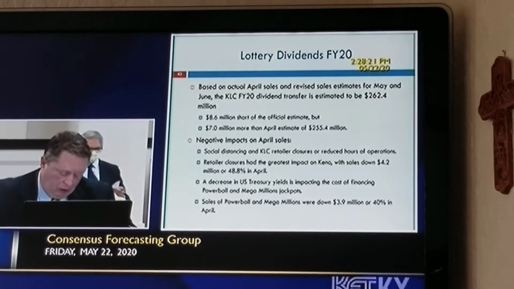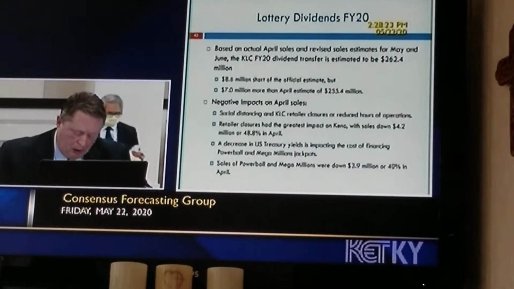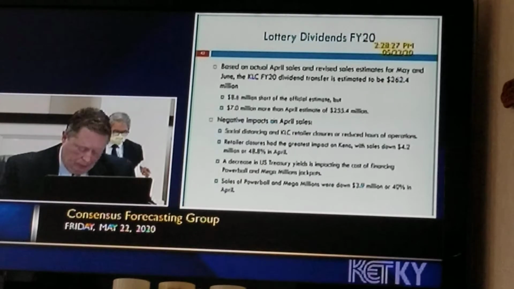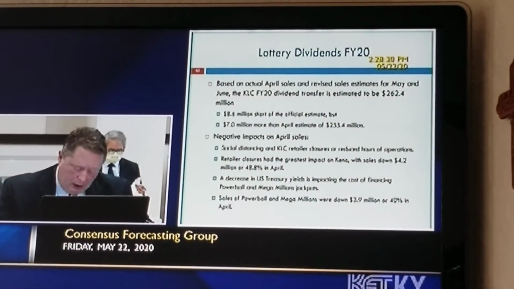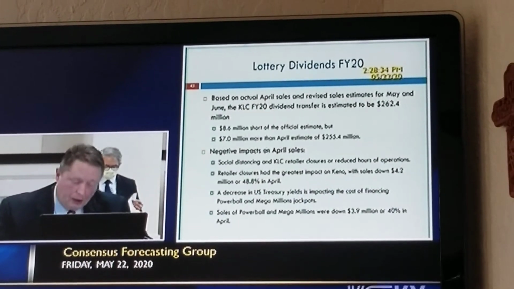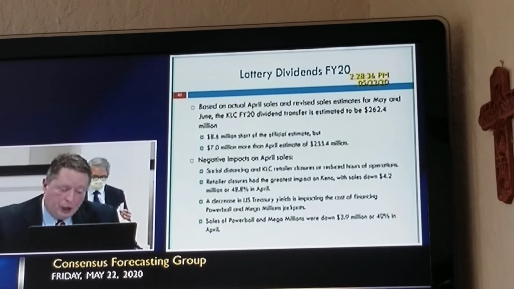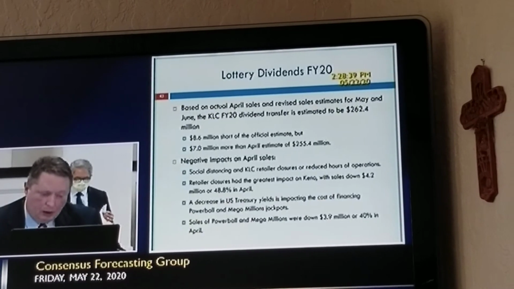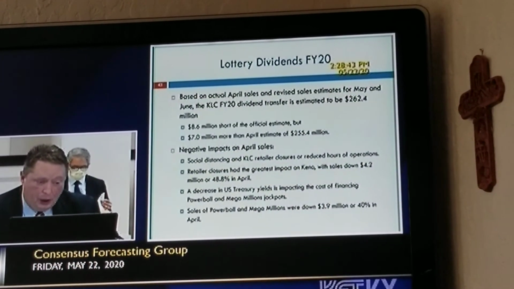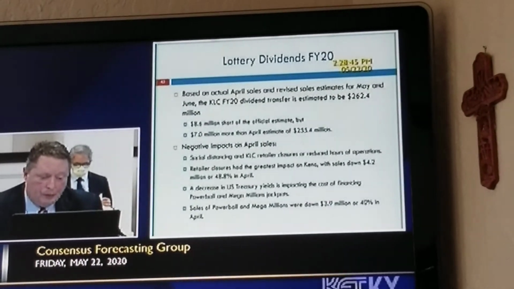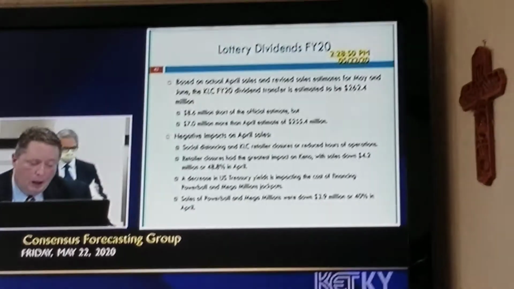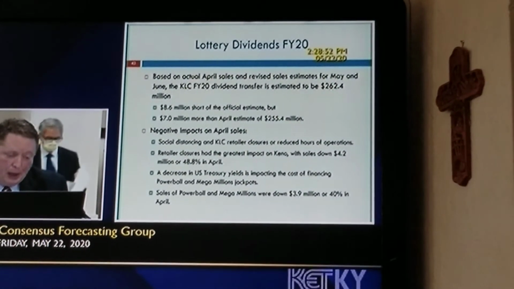As it turns out, for the Mega Millions and Powerball dividends, current financial market conditions have raised the cost of financing jackpots. So jackpots have been lower, and lower jackpots mean lower play. We had a $3.9 million reduction in the mega online games.